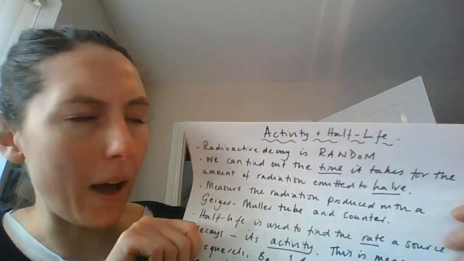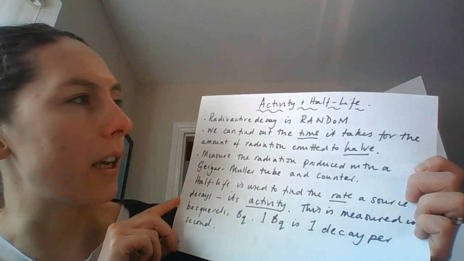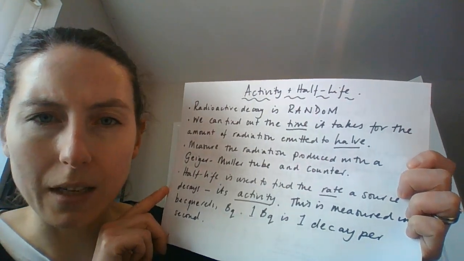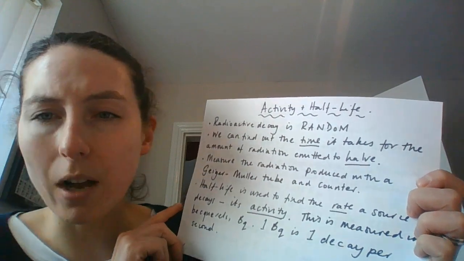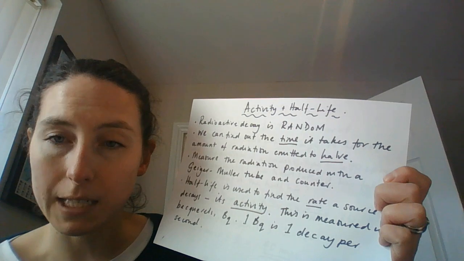The last thing I'm going to talk to you about is activity and half-life. And there are a few facts and a few definitions that you'll need to know for this section. So when we're talking about activity here, we're talking about the decay from the nucleus. So radioactivity is a random process. We can't get a sample of radioactive atoms and say this nucleus is going to decay next.